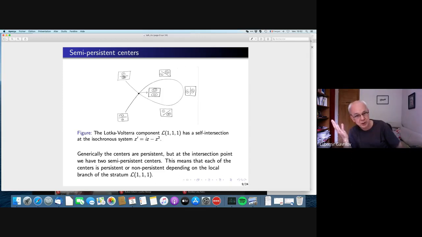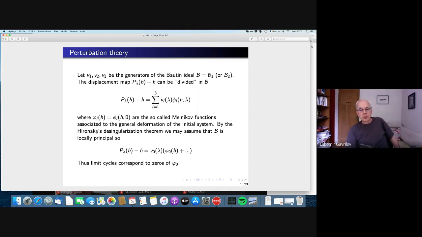So the general problem is to describe the irreducible components of the center sets, but globally it is not done for sure, neither in Dulac, nor in Kapteyn, nor in Bautin. So let us continue with the perturbation theory, which was our initial motivation. What is perturbation theory?